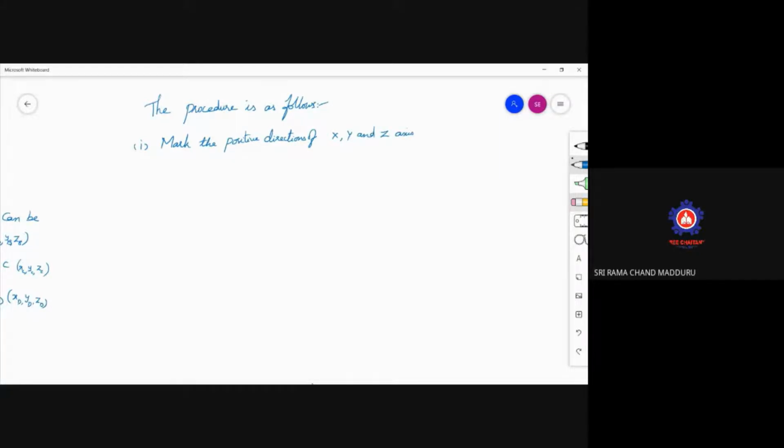Second point: assume all the members are in tension.